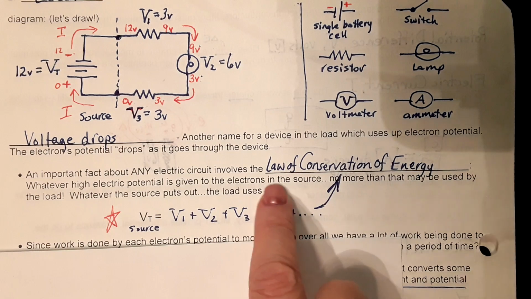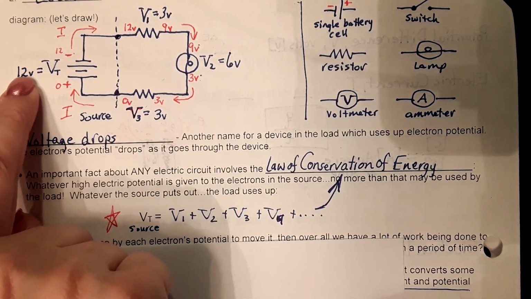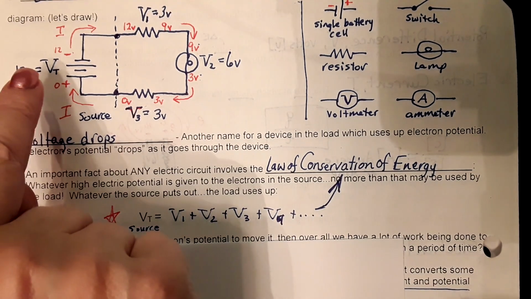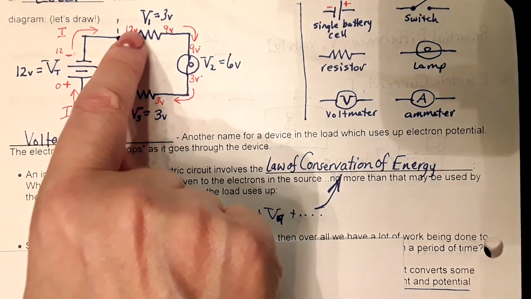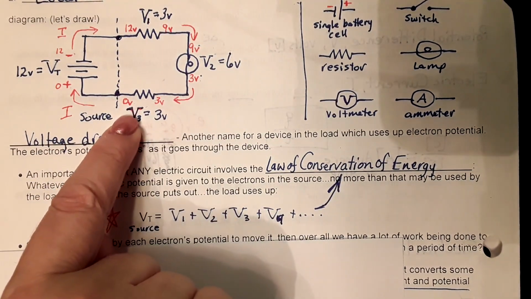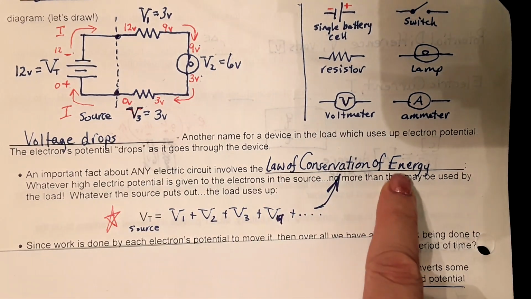Now, what we need to remember, though, is whatever is being used up here, it has to equal this, because energy must be conserved. If they get 12 volts of electric potential to do work for each electron, then that's what has to be used up here. No more, no less. Energy must be conserved.